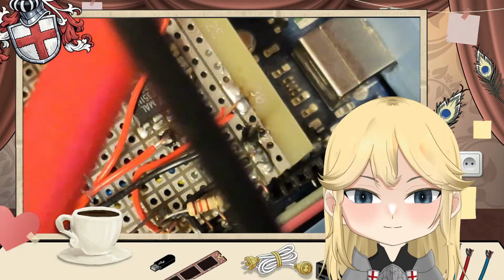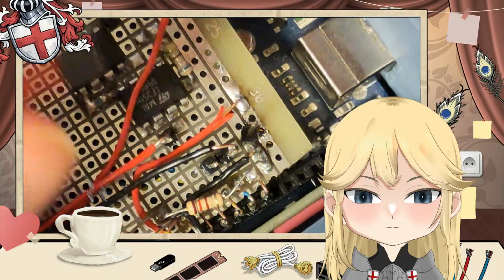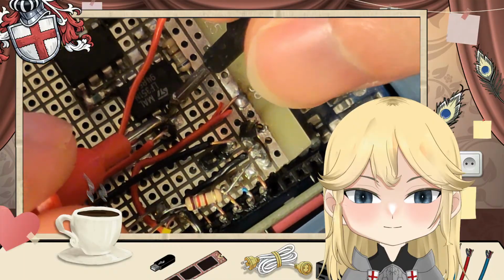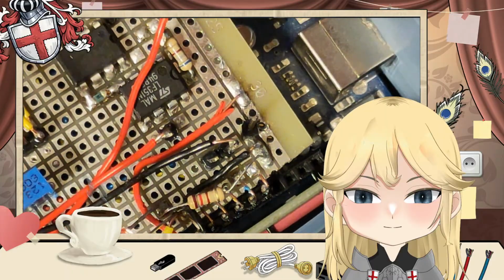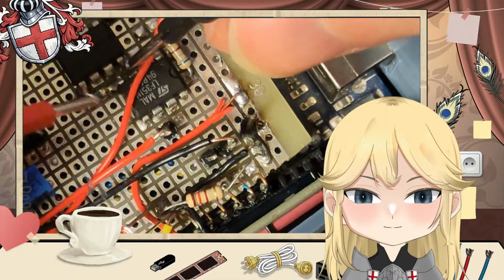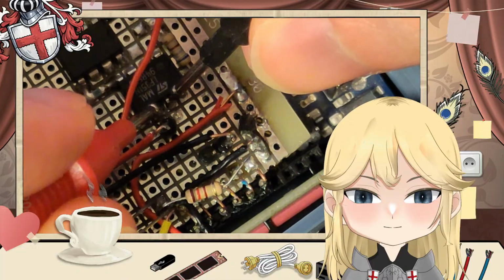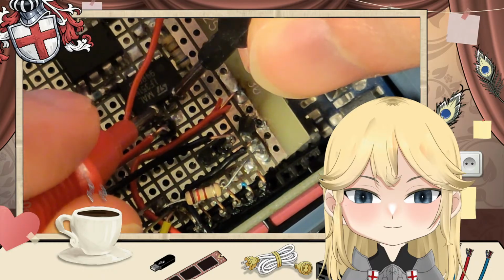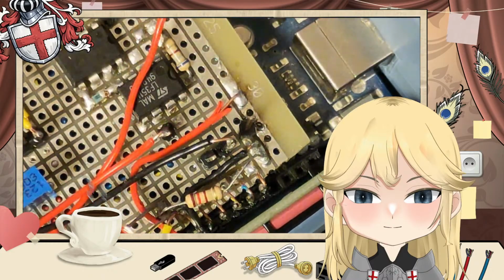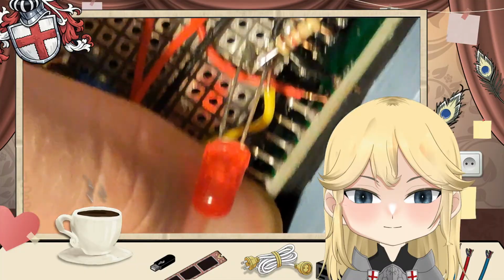What does 811 mean? Is that resistance or something? Let's see. We are getting 96 kilo ohms of resistance between these two.